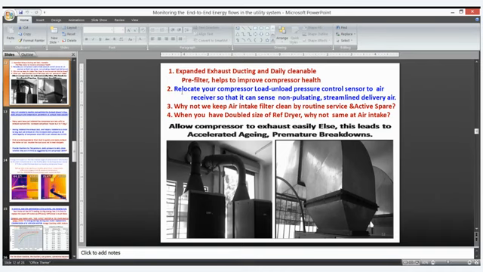You can take it as a zero cost or low cost measure, or you can go for an addition of one more air intake filter, to see that 13% is a huge loss for the compressor, a day-to-day loss. The user has not noticed that, and the OEM has also not impressed upon the user. You have to check the compressor's air intake filter, where you can have 10 to 15% of loss. This is an area to be looked into right now.